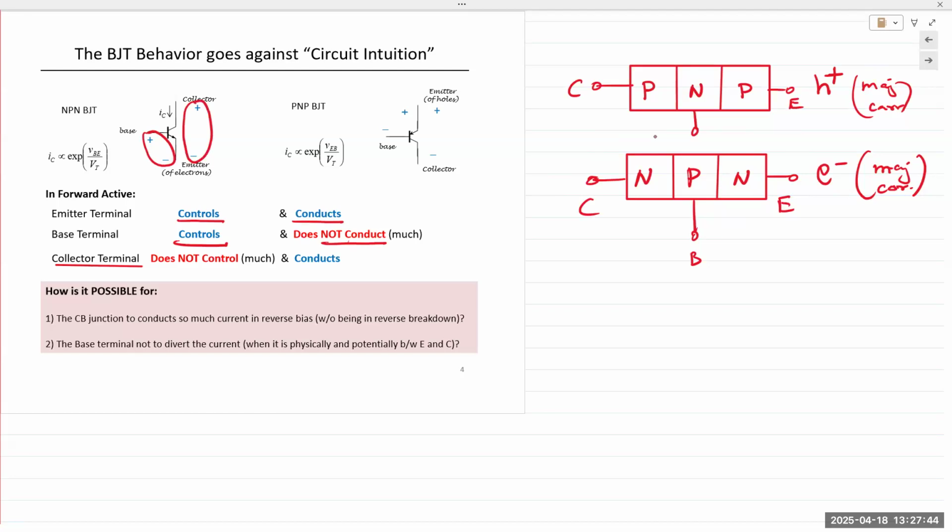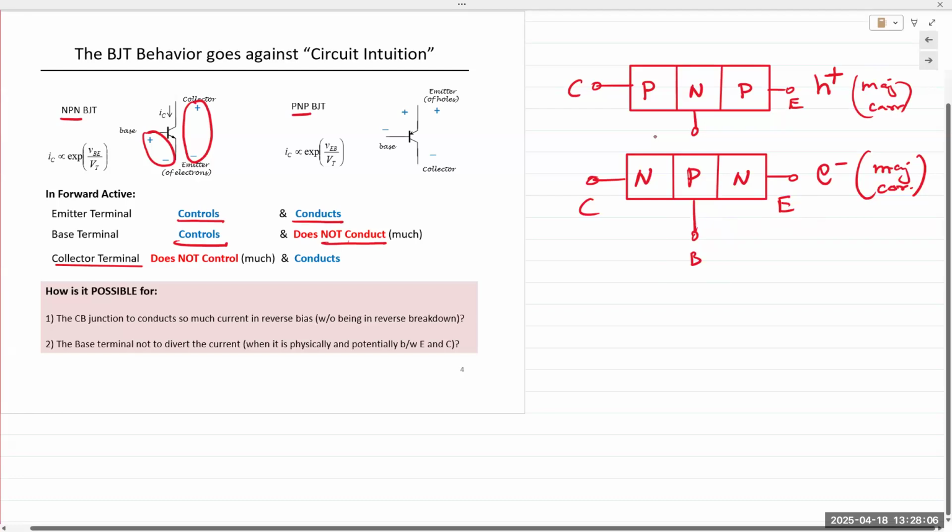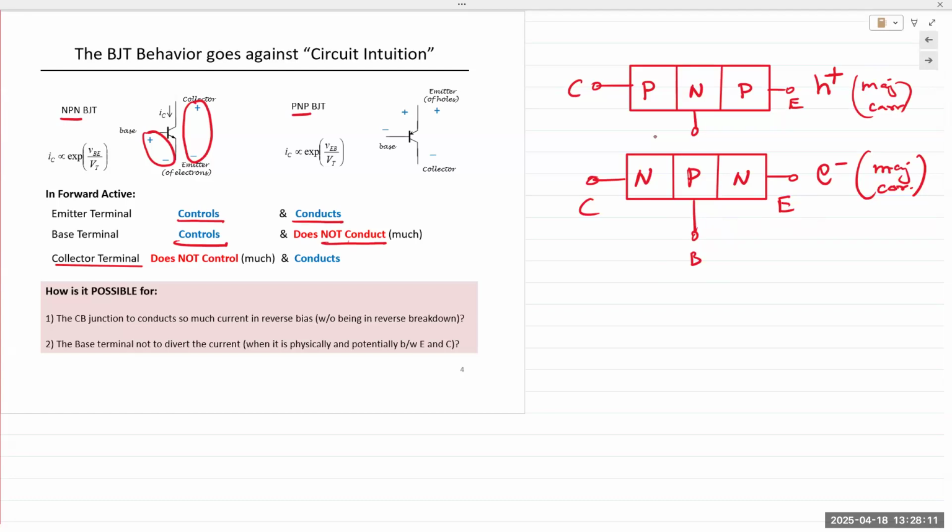If it's an NPN transistor, as what we have here on the left, this is NPN. On the right, we have a PNP. The base is at a higher voltage than the emitter. So it's an NPN transistor, and this base is at a higher level than the emitter. Is the junction forward bias or reverse bias? The base emitter PN junction, the base is at a higher electric potential than the emitter. Forward bias. So it's a forward bias junction.